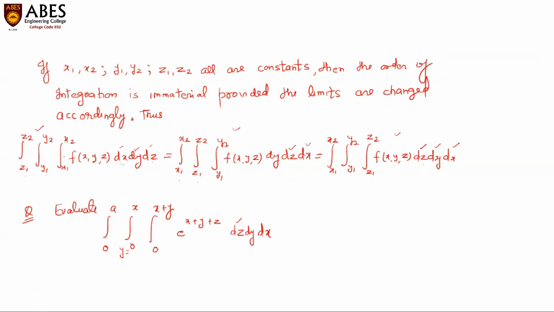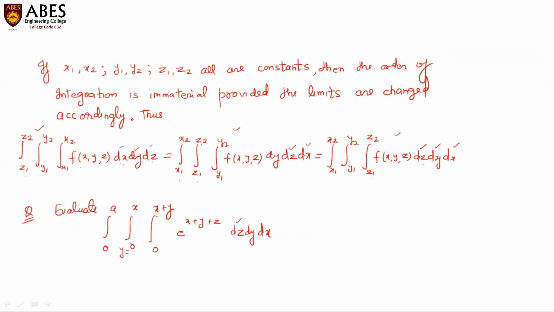If x1, x2, y1, y2, z1, z2 are not variable and all the limits are constant, then the order of integration is immaterial, provided the limits are changed accordingly. This will depend on the demand of the question. If the function is given to us and we want to integrate first with respect to x, then with respect to y, and in the last with respect to z, then the limits of x will be given first, the limits of y second, and the limits of z in the final position.